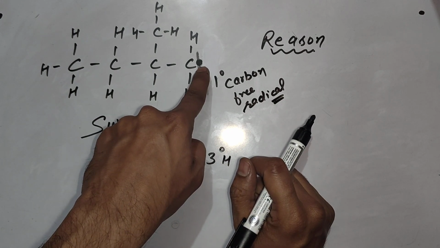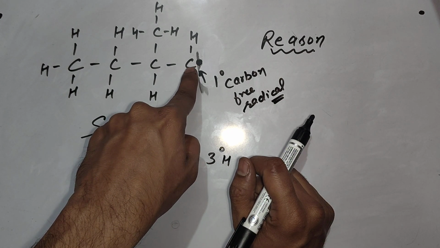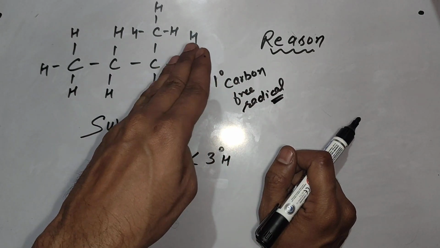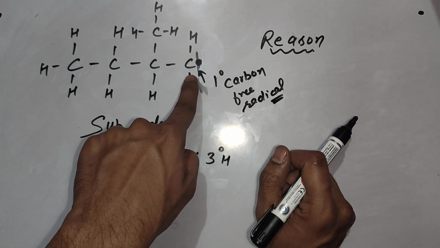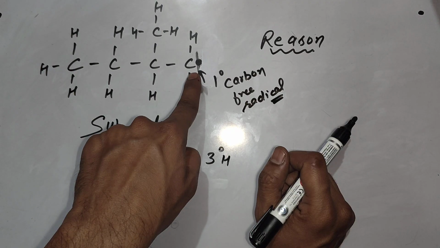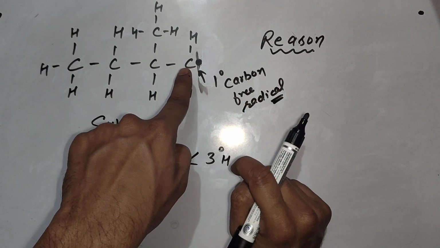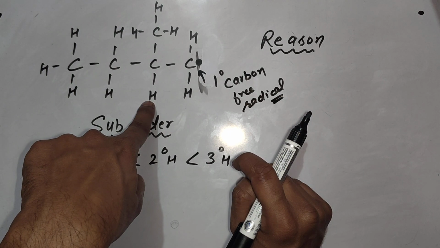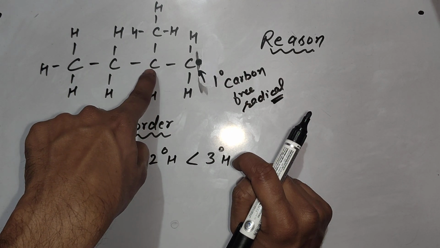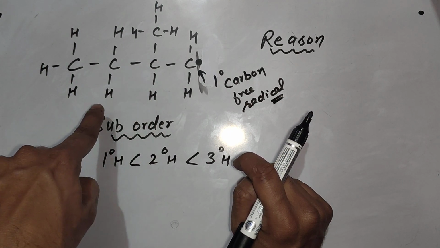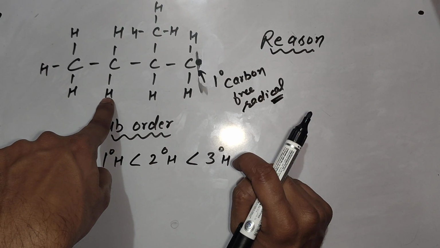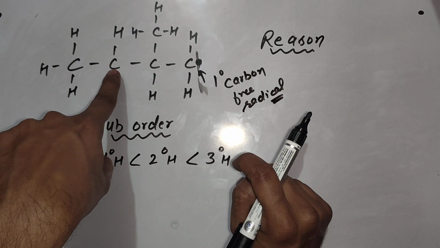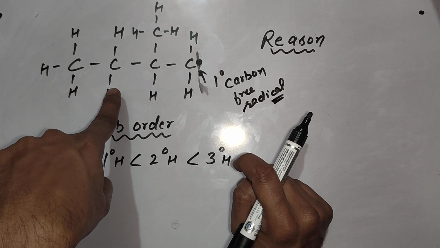This means if the hydrogen of a 1 degree carbon is substituted by halogen, during the mechanism of the reaction, a 1 degree carbon free radical will be generated. On the same pattern, if I substitute this hydrogen by a halogen, a 3 degree carbon free radical will be generated. If I substitute this hydrogen by a halogen, a 2 degree carbon free radical will be generated.